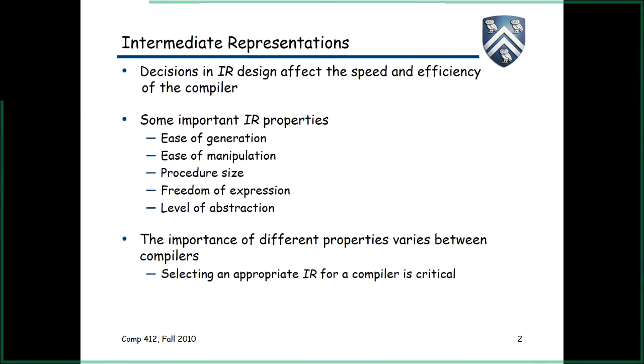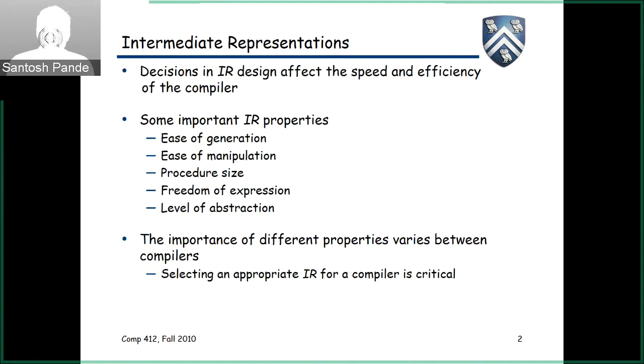So the IR design is really very, very important, because the amount and the kind of information that you represent in the IR allows the compiler to undertake different types of analysis, and that affects its precision in terms of what it can do.